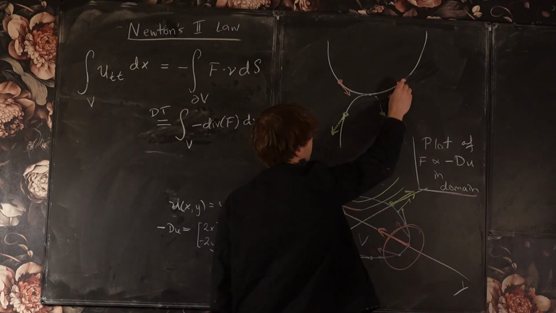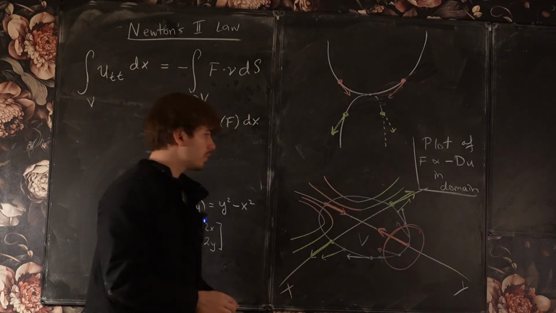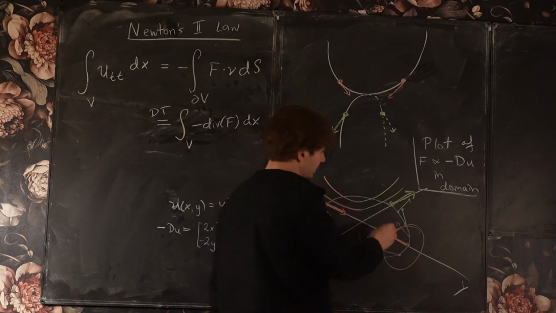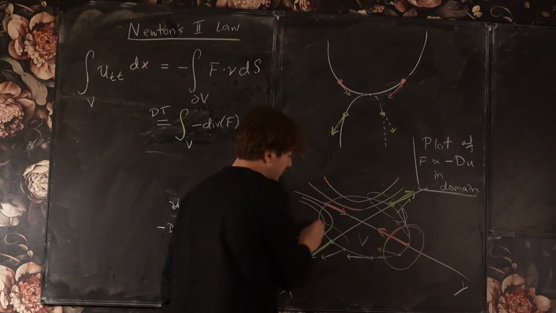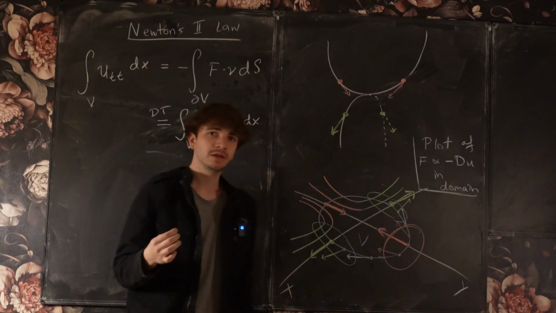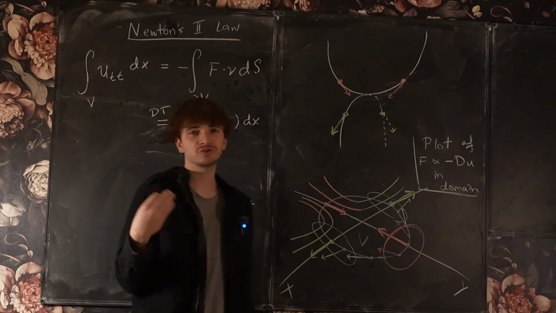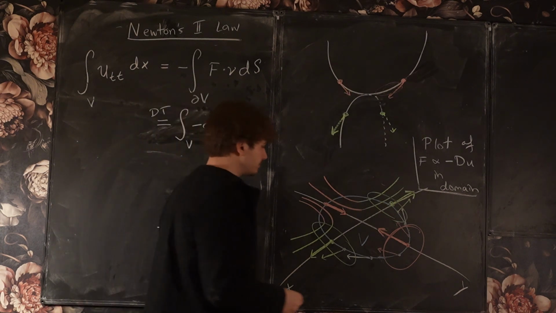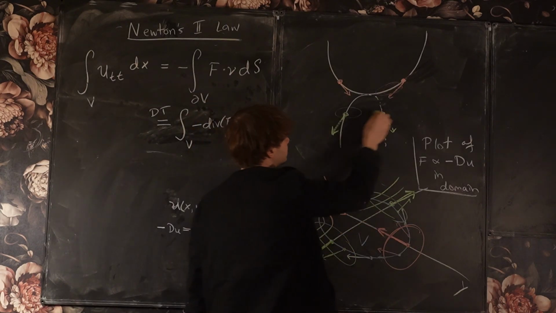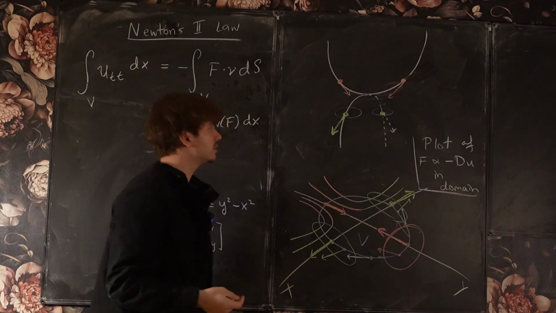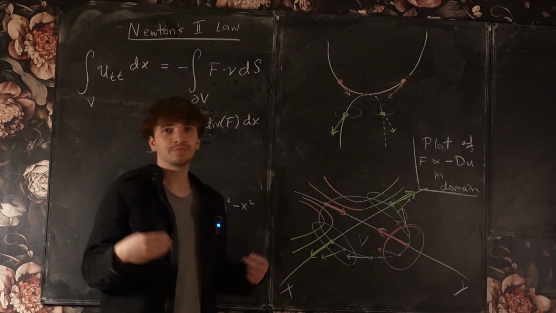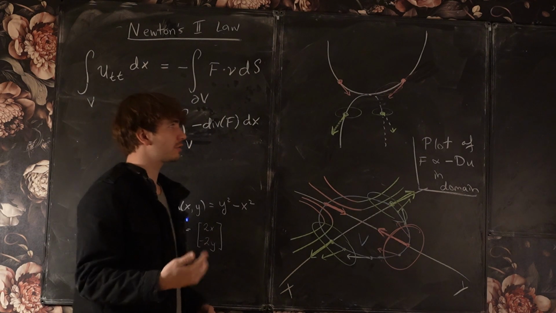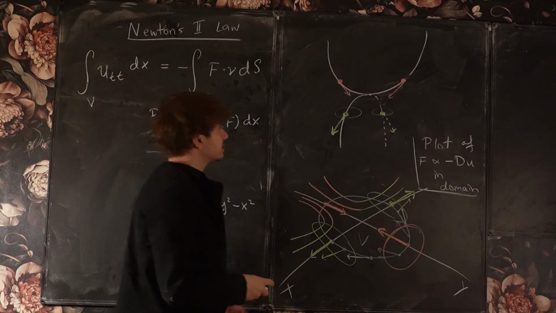Whereas the region, let's say in green here, is going to contribute negatively to the acceleration because it's contributing negatively to the net inward flux across the boundary. So we can see that these regions of our saddle are contributing negatively to the acceleration of the interior. And this makes sense, right?